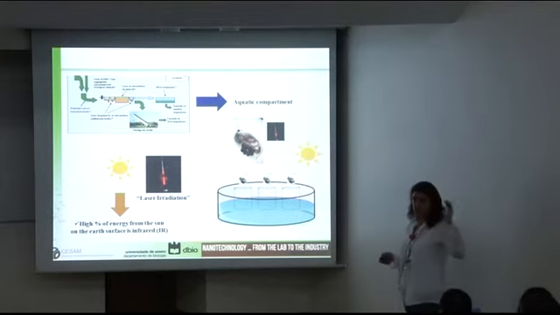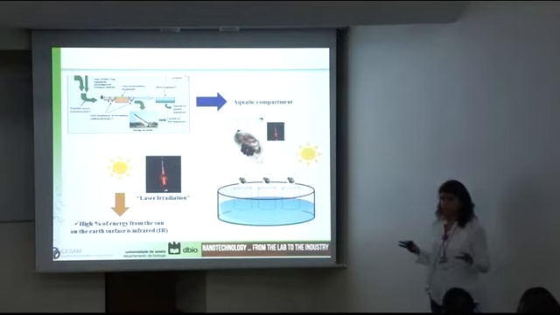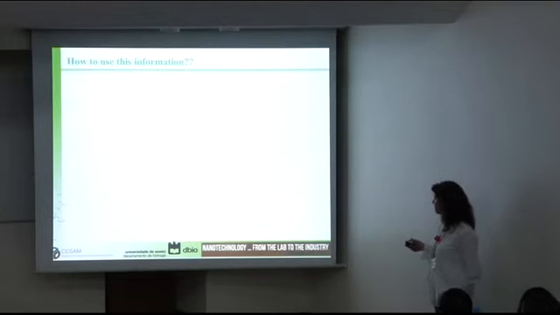So we increased the concentrations as much as we could, and there were no effects to the organisms tested, which is very good for them to proceed with further studies and potential use in the future.